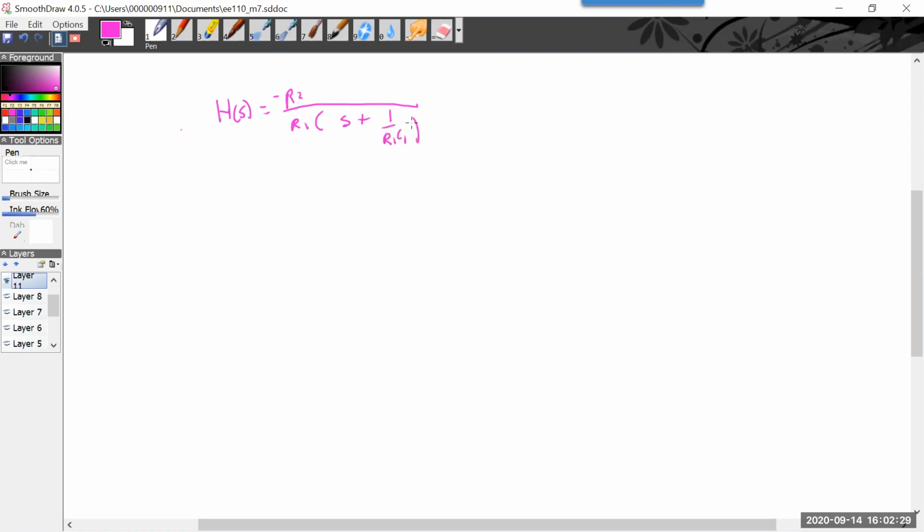Here is the transfer equation, and let's say R2 equals 100 kilo ohms, R1 equals 10 kilo ohms, C1 equals 1 microfarad.